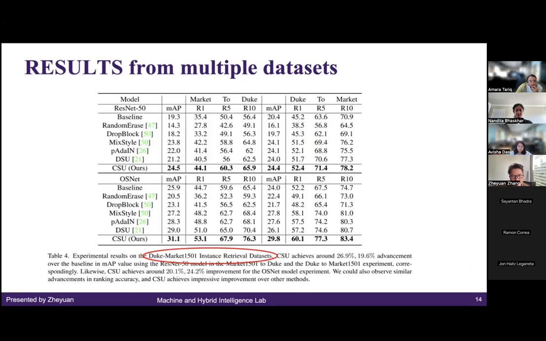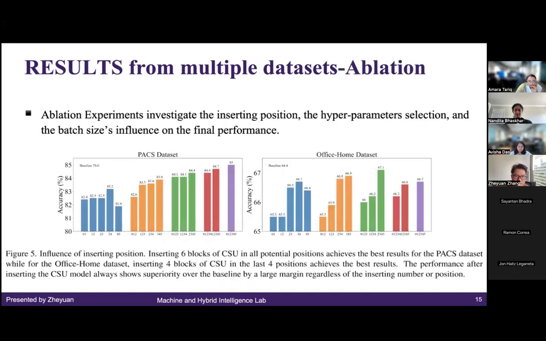We also apply this method on the Duke and Market instance retrieval datasets, and we can observe that compared with other methods, it achieves a relatively high performance gain and relatively accurate identifications.